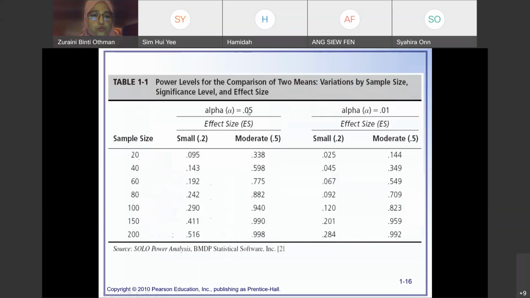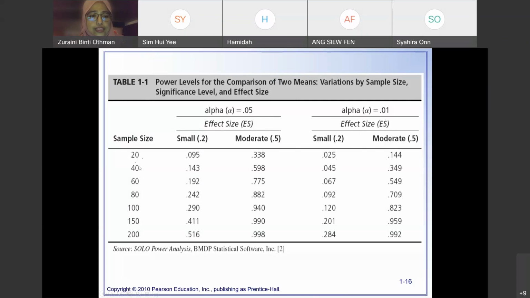Okay, this is alpha 0.05. The effect of the sample size versus the alpha value, and this is the effect size which is small, moderate, and this is for the alpha 0.001, small and moderate. We can see that if we increase the sample size, we begin with 20, and with alpha 0.05, we have this effect 0.95, 0.338, and if our alpha is quite small, the effect size from the small is 0.25 and 1.44.